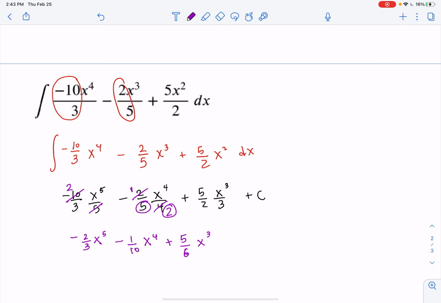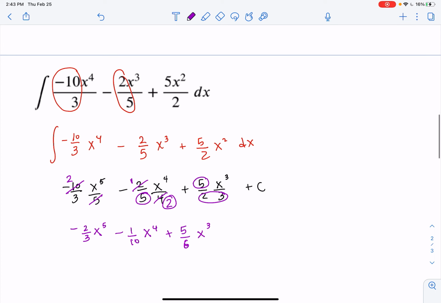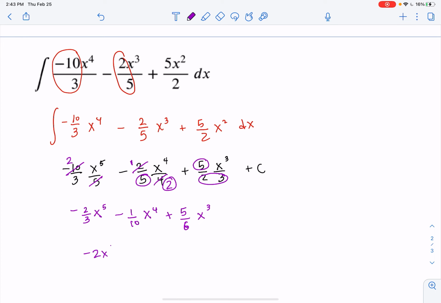So notice I just wrote the numbers in the front. It's totally fine if you wanted to write it like this. So sometimes I'll write it this way, sometimes I'll write it this way, but you need to understand that they're the exact same.